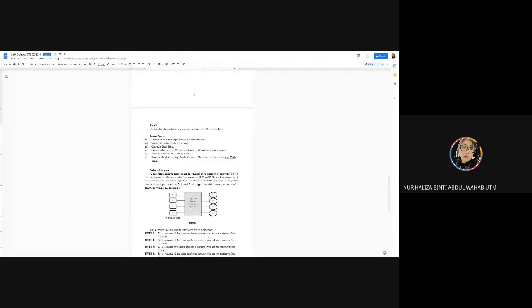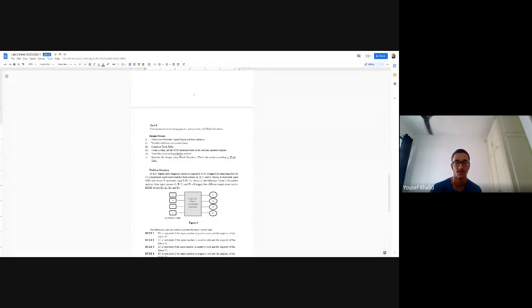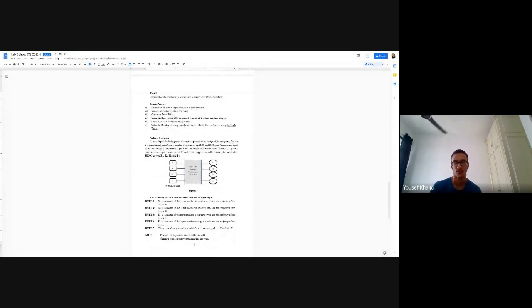Okay, what is your question? In part B, the rules say negative and positive numbers. So there are 4 inputs. Do we count from positive 7 as the highest bound and negative 7 as the lowest bound? Which one is the negative number?